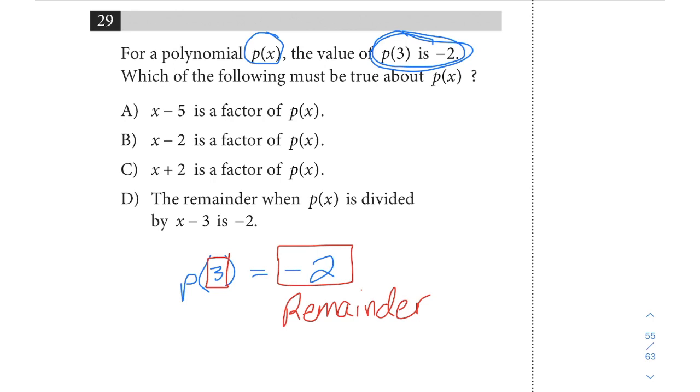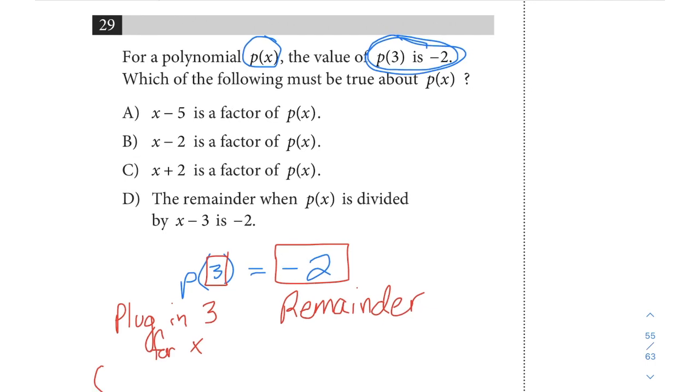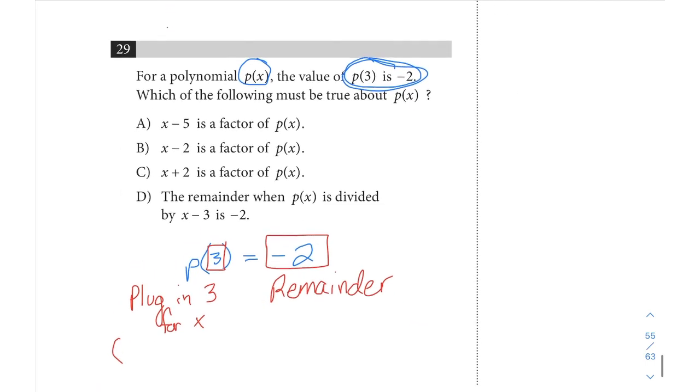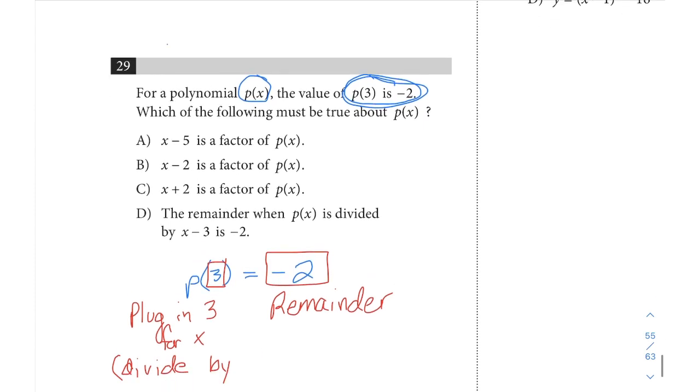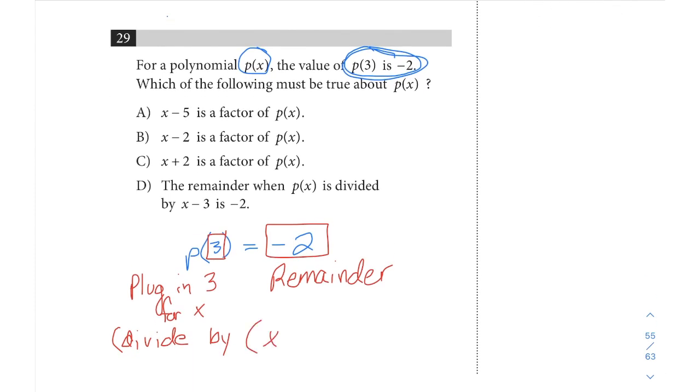And another way of phrasing that is you're going to plug in 3 for x, and you're going to get a remainder of -2. And this can also be phrased as divide by that corresponding factor, which means divide by that factor of x minus 3.